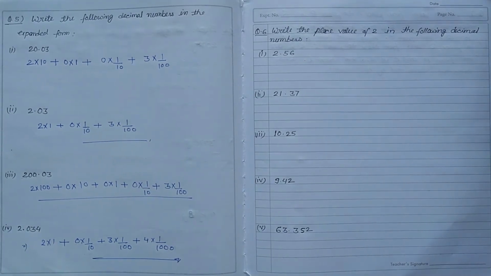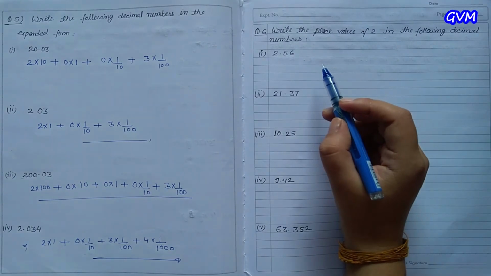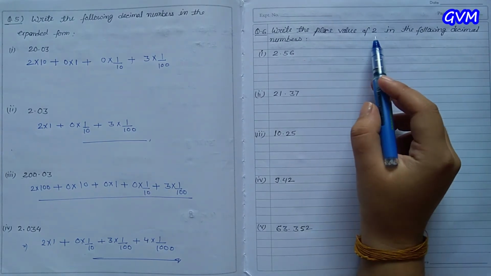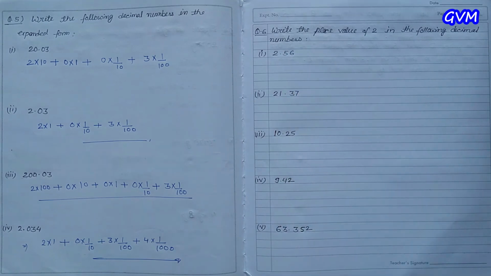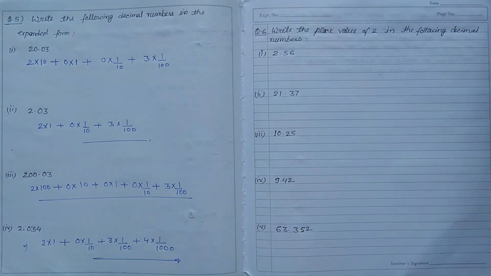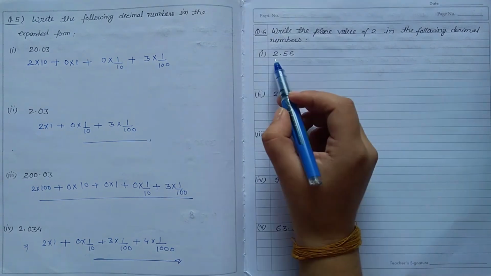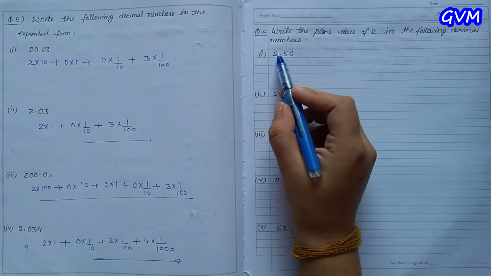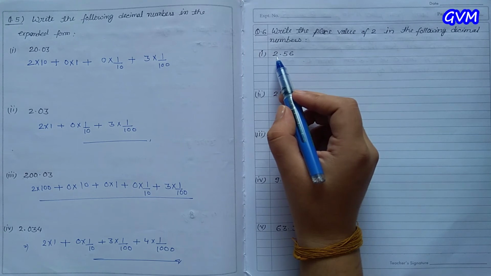Okay, now question number 6 we have, write the place value of 2 in the following decimal numbers. So in each decimal number we have somewhere 2. Okay, now we have to write the place value for each 2. In the first part we have 2.56. So 2 is at which place? It is at 1's place.